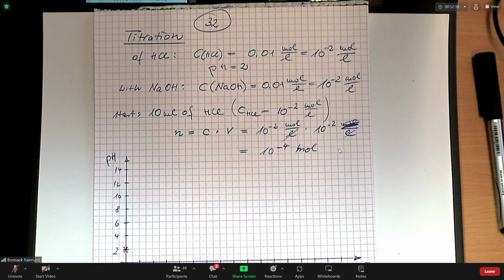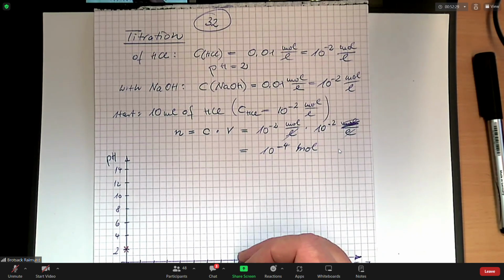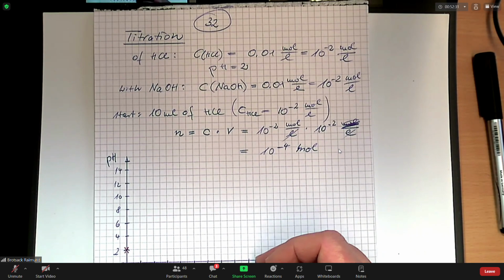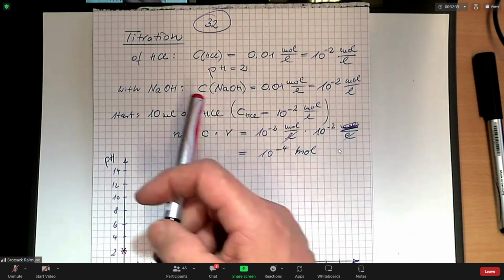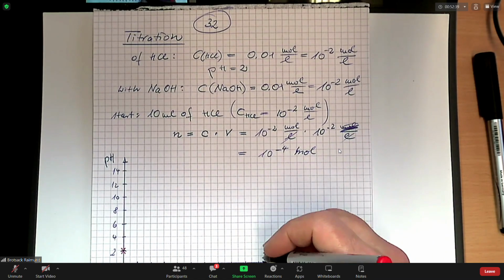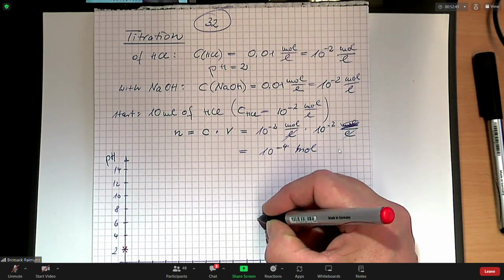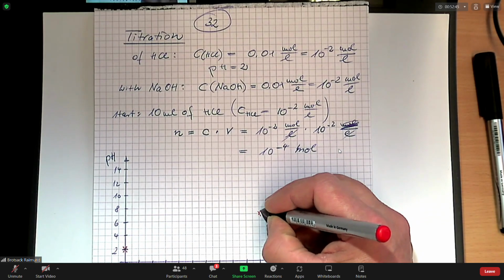What are you expecting when we add NaOH now? It will slightly increase. And what are you expecting when we add the same volume of NaOH as we had at the beginning in HCl? Here we will have 7. So that is fixed: here is 7, after 10 milliliters.